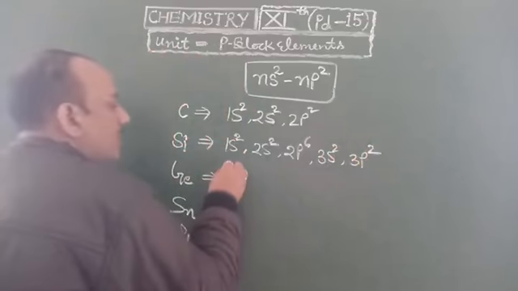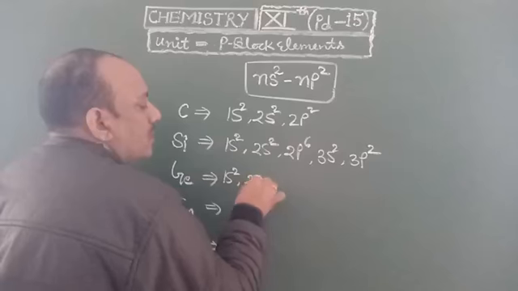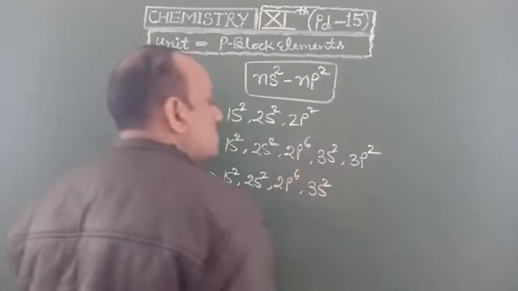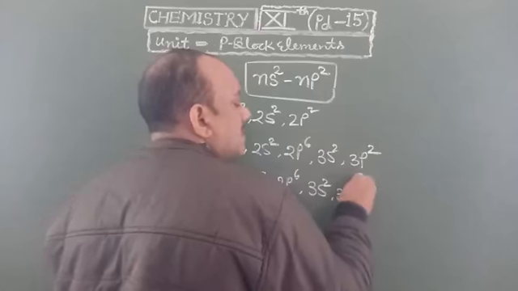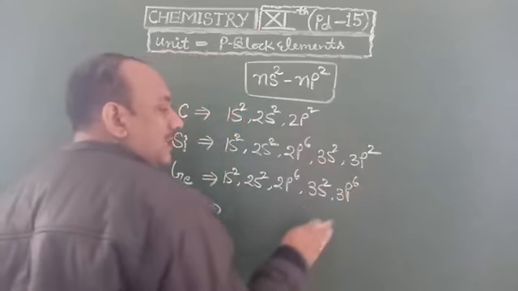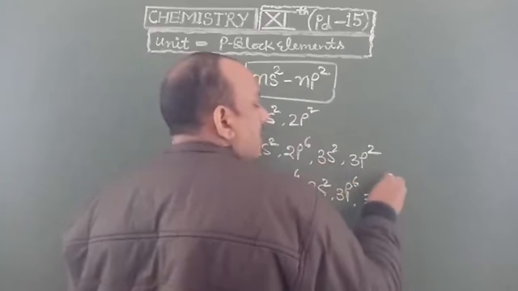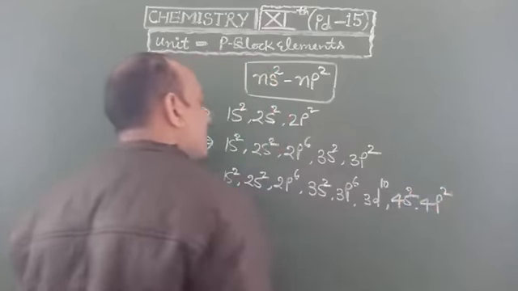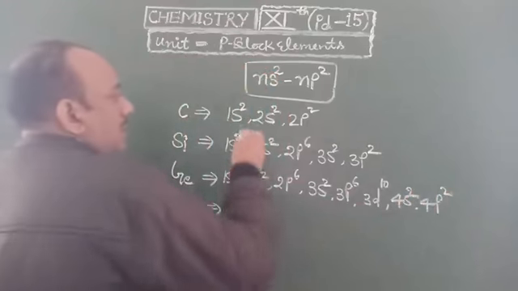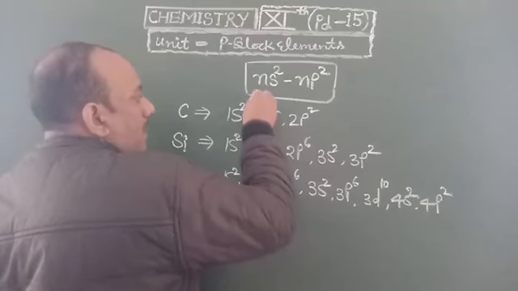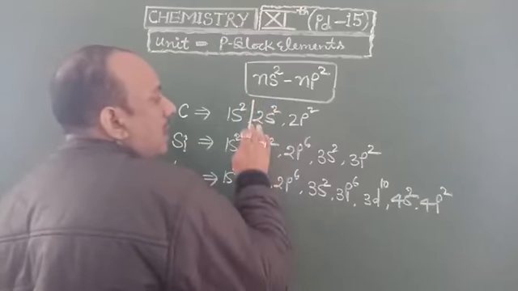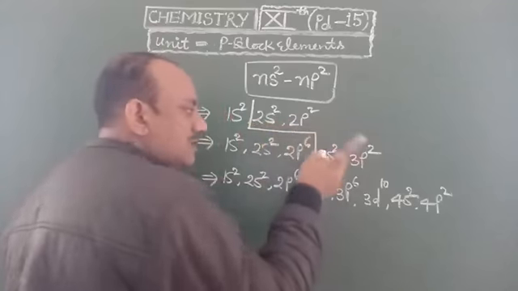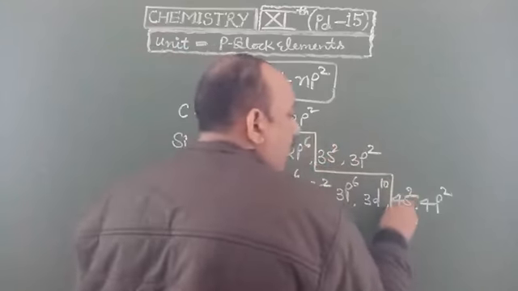For germanium 1s2, 2s2, 2p6, 3s2, 3p6. If the d shell is completed, then we first write 3d10, then 4s2 and 4p2. Here we observe that the last two shells are found in increasing order, like 2s2, 2p2, then 3s2, 3p2, then 4s2, 4p2.